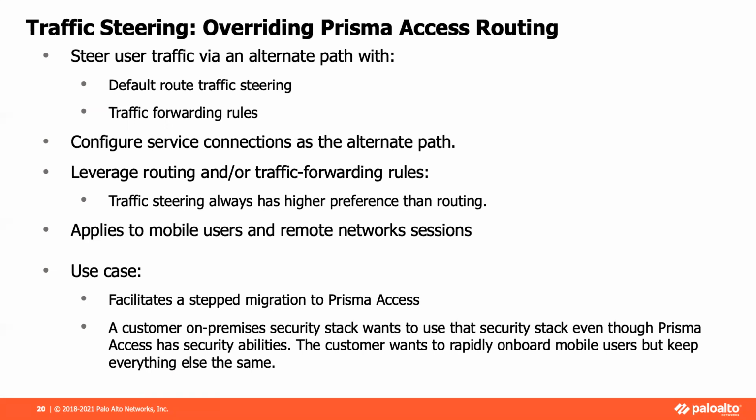And using traffic steering, we have the ability to create exceptions to routing based on not just destination IP addresses, which is what routing does: it looks at the destination IP address in a packet and says, oh, well, to get there, this is your next hop. Instead, we can look at things like applications, we can look at users, we can combine that information with destination IP addresses and port numbers and things like that. And now we can steer traffic in different directions and make exceptions to this routing based upon that information.